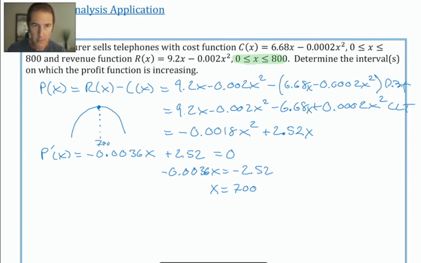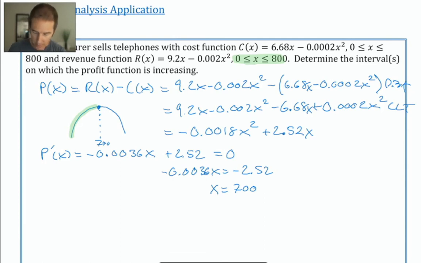And if you look back at this little graph that I drew, this is certainly the side of the parabola where it's increasing. As we're going from left to right, it's going uphill. So I feel confident in saying immediately that the interval on which the profit function is increasing is from 0 to 700.